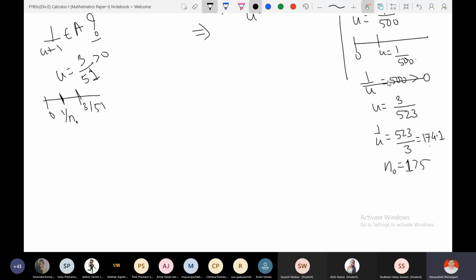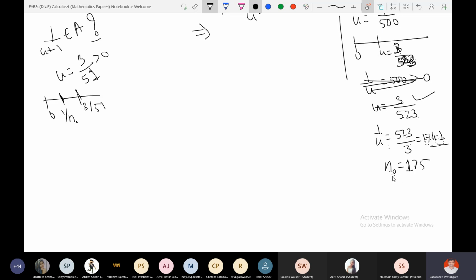Okay, forget about the earlier u. I am choosing u equal to 3 upon 523. This is my u, and I am looking at 1 by u. 1 by u is 174.1, and I select n naught as a natural number. 1 by u is not a natural number, and u is also not a natural number, right? u is 3 upon 523. 1 by u is some bigger number, 174.1 something, which is not a natural number, but I am looking at the natural number which is next to this real number, 174.1.